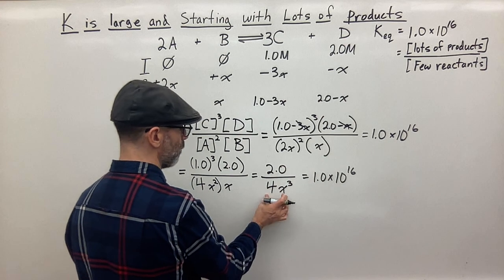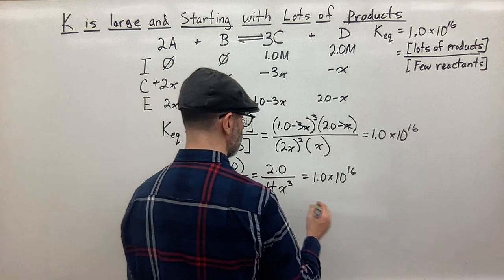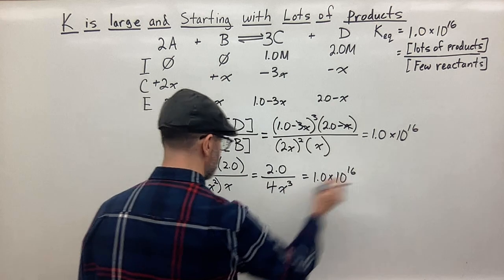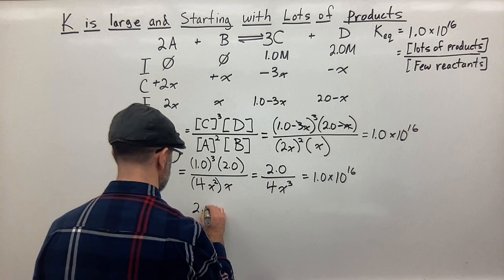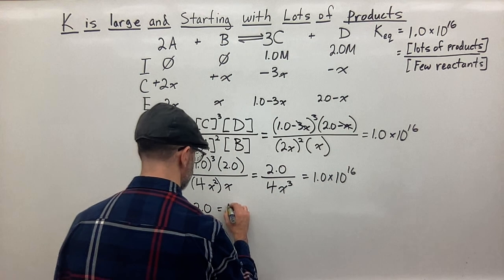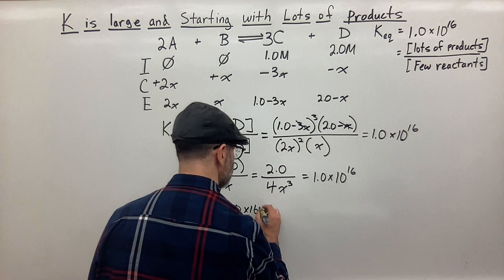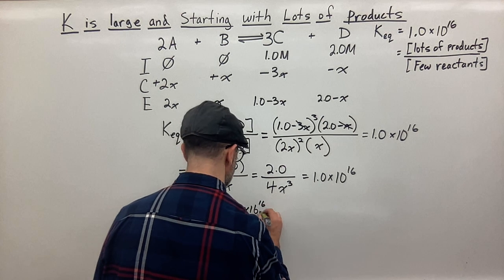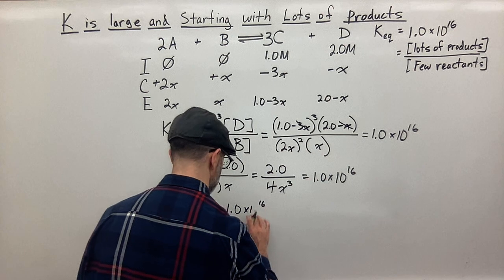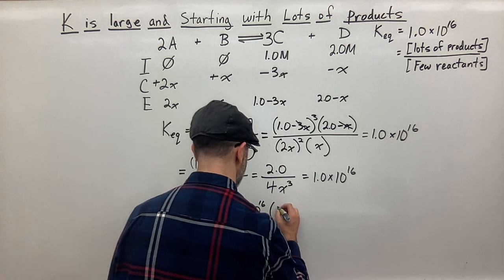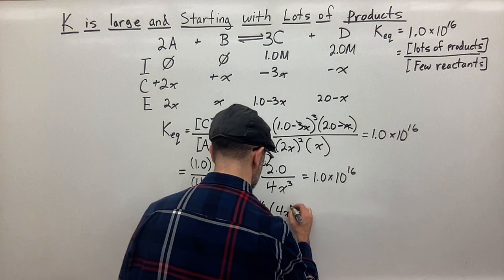I'm going to multiply both sides by 4x cubed. So then I end up with 4x cubed on this side. So I'm going to end up with 2.0 is equal to 1.0 times 10 to the 16. Oops, that's a 16, not a 6. Multiplied by 4x cubed.